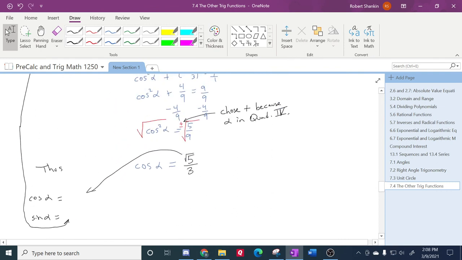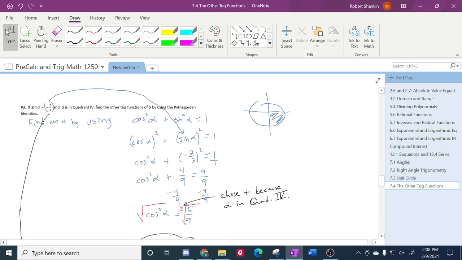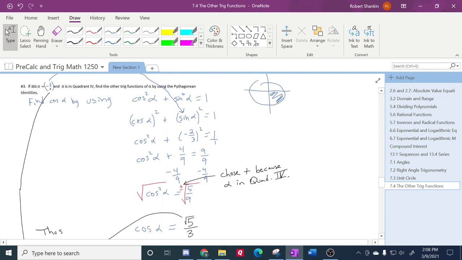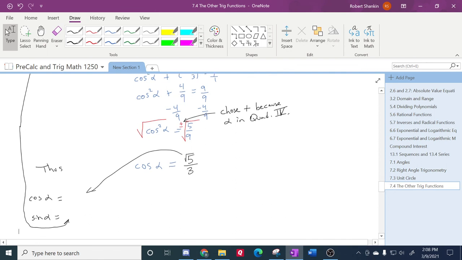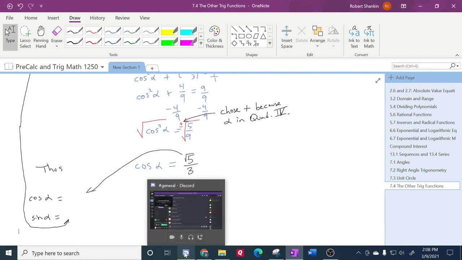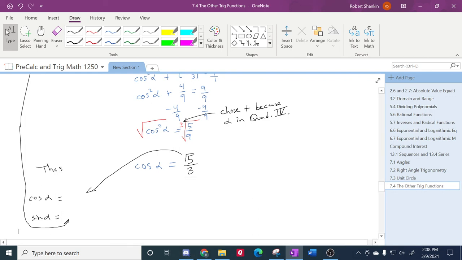All right. I covered a lot of material. Give me a little bit of feedback here. Need some more review with this, or are you good with this? Three Pythagorean identities, how they can be used.